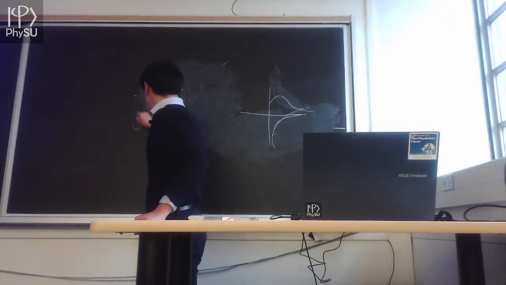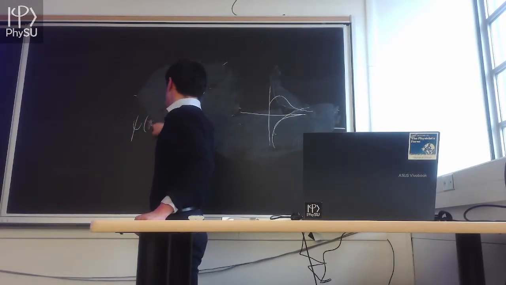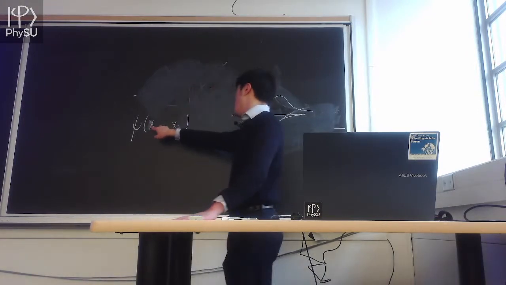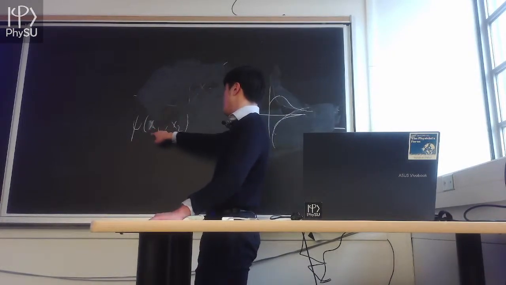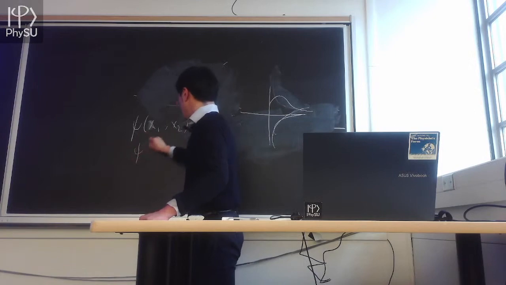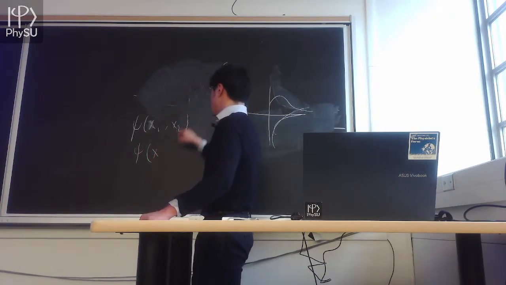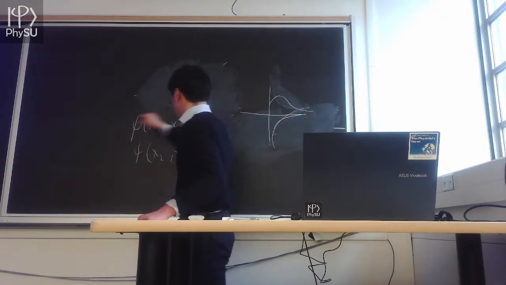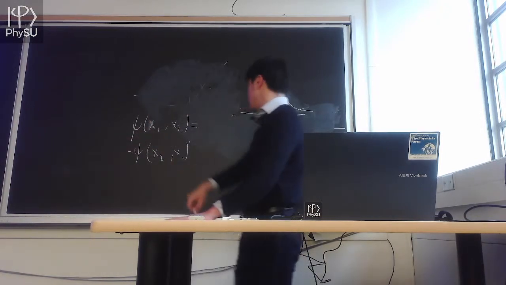So if you have two particles, psi of x1 and x2, where this coordinate describes particle 1 and this coordinate describes particle 2, and you switch the positions of the particles, this actually has to be the negative of that, right?